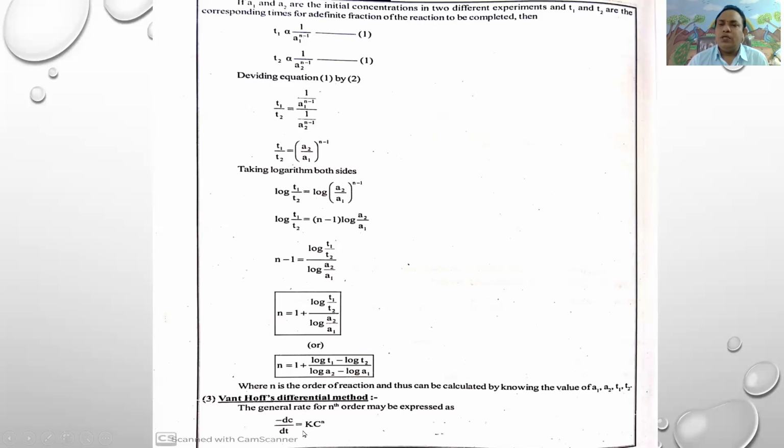During the chemical reaction, C reactants are converted into products. According to the law of mass action, the rate of reaction, minus dC by dt, is directly proportional to C to the power of n. That implies minus dC by dt equals K, the proportionality constant, into C to the power of n.